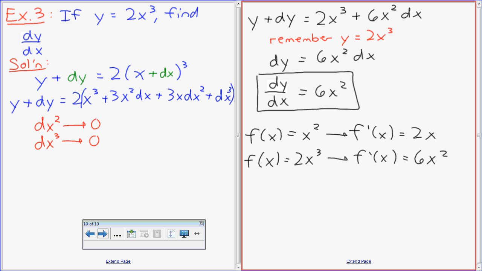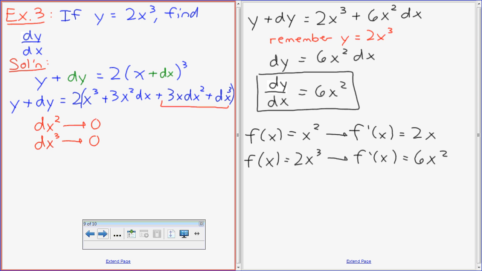So x squared comes to 2x. What I just did was this canceled and this canceled because it's dx squared and dx cubed. So these two things disappear. And then I just expanded back as 2 times x is 2x squared, 2 times 3 is 6. So 2x squared goes to 2x cubed goes to 6x squared.